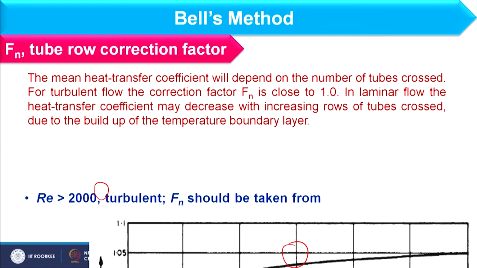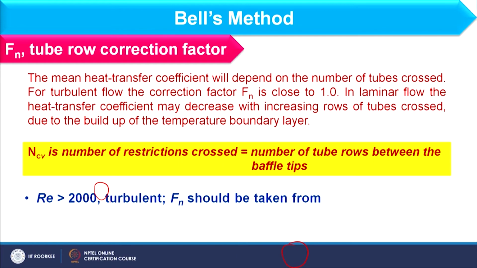So, what is NCV? NCV is basically number of restriction crossed, that is the number of tube rows between baffle tips. Okay. Now, what is this basically? When I am considering cross sectional area of shell, and this is basically baffle. Okay. If I consider two baffles, it will look like this.